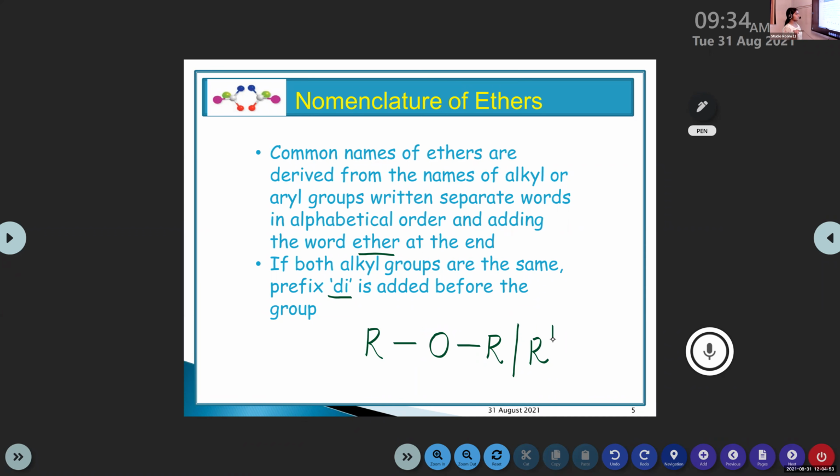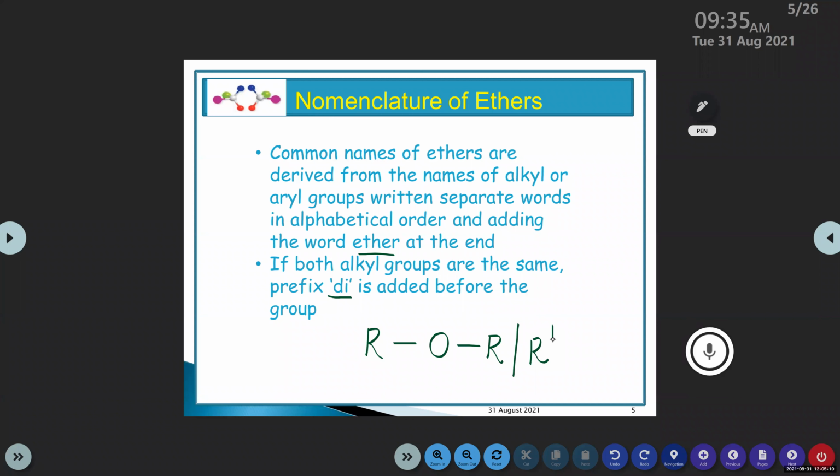Common names of ethers are derived from the names of alkyl or aryl groups, written as separate words in alphabetical order, and adding the word ether at the end. If both alkyl groups are the same, the prefix di is added before the group.